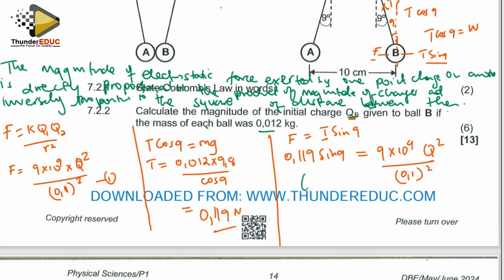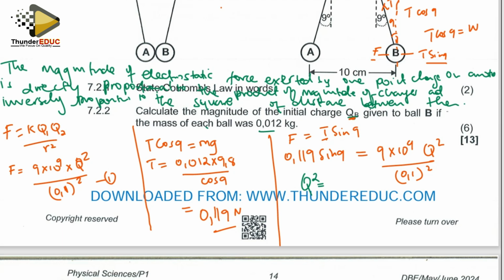Okay, so I'll end up with Q squared being 0.119 sine of 9, multiplied by 0.1 squared, and then divided by 9 times 10 to the 9.